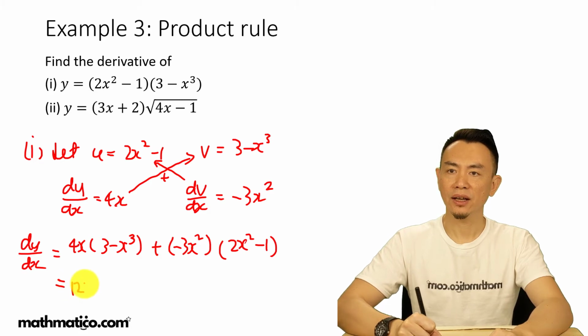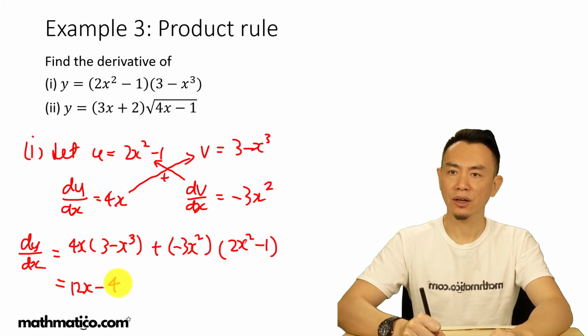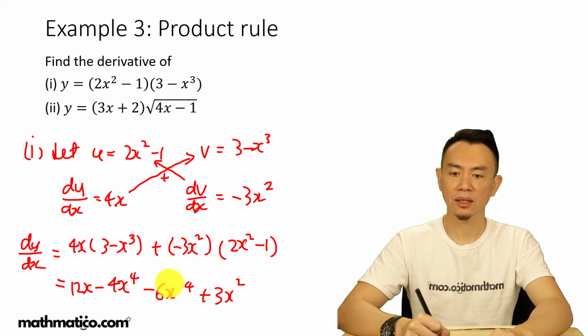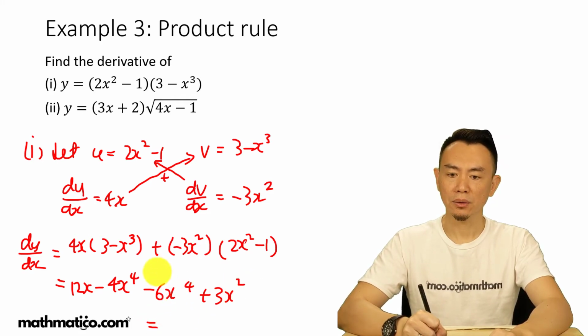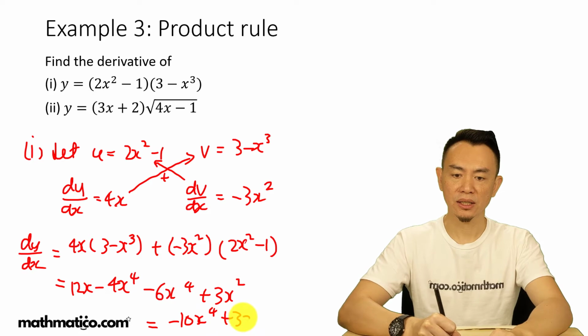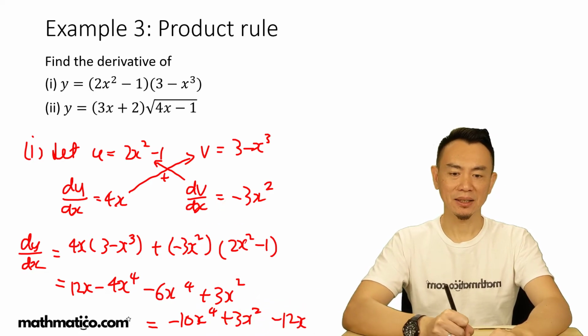So you have 12x minus 4x to the power of 4 minus 6x to the power of 4 plus 3x squared. Okay? So we're going to simplify this. You have negative 10x to the power of 4 plus 3x squared minus 12x. And yeah, that's it. I'm done.